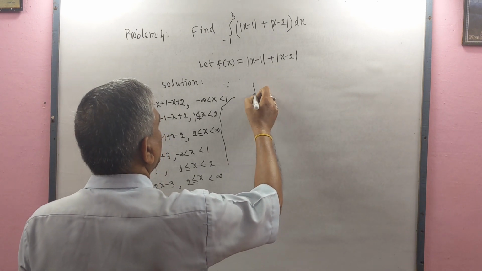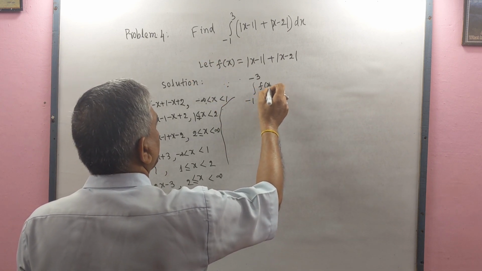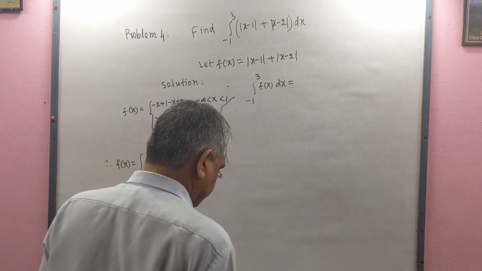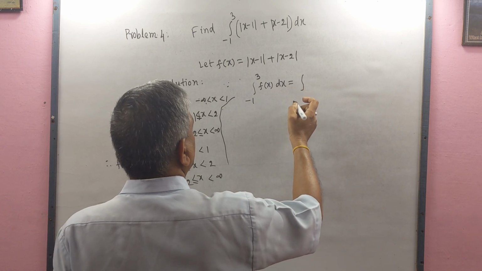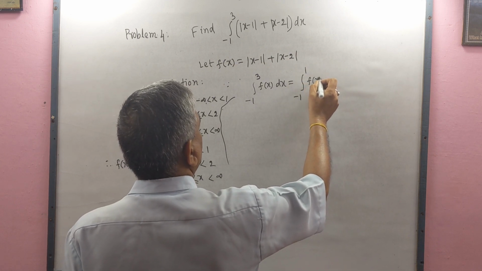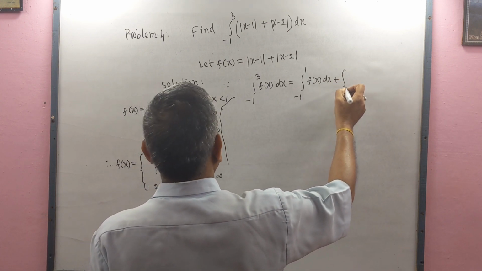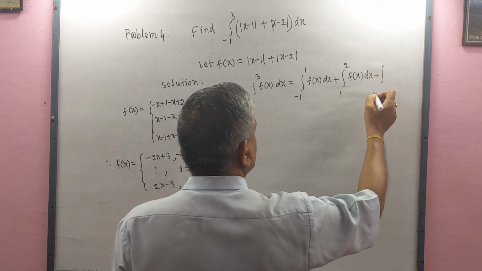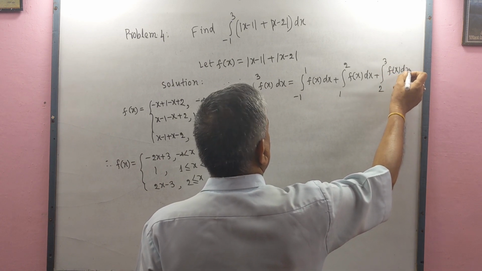Now the integration from minus 1 to 3 of f(x) dx equals, here we divide this integration into parts: integration from minus 1 to 1 of f(x) dx plus integration from 1 to 2 of f(x) dx plus integration from 2 to 3 of f(x) dx.